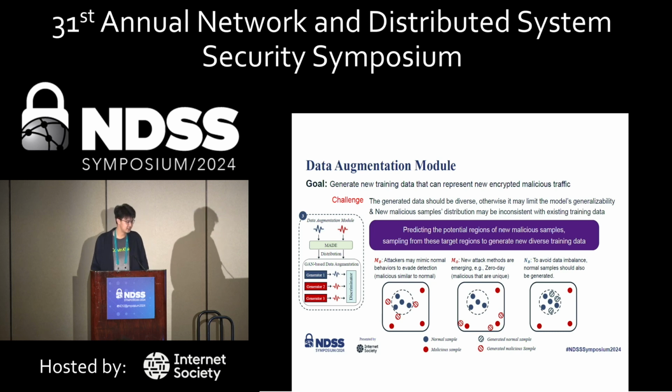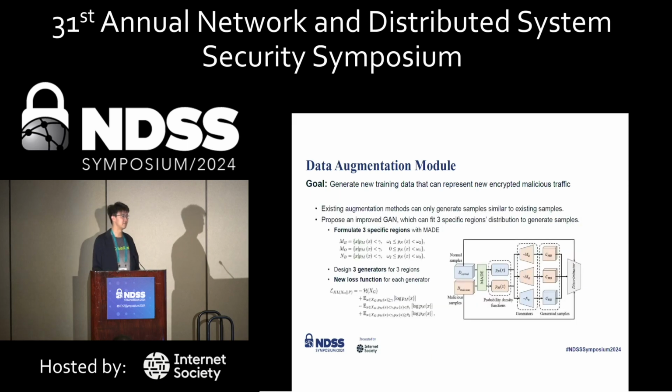The second condition is that new attack methods are emerging unpredictably, such as zero-day attacks, which can be described in the feature space as malicious samples that are unique from all the normal and malicious samples. At last, to avoid the data imbalance problem, normal samples should also be generated around the normal samples area. So these are the 3 potential regions of the samples that should be generated.